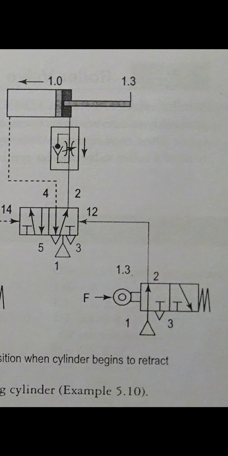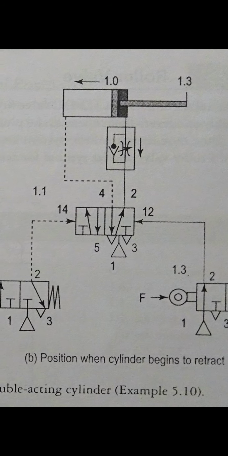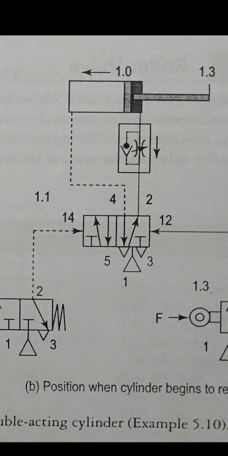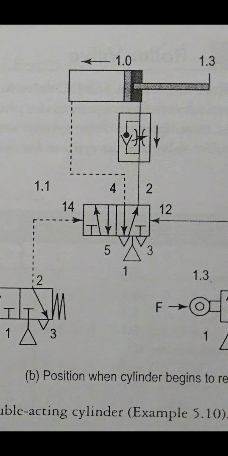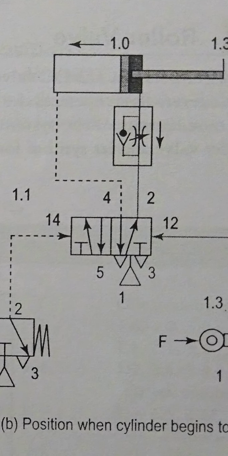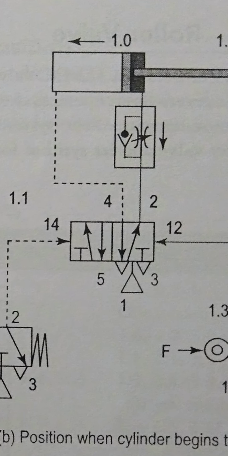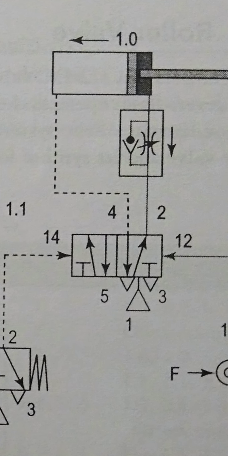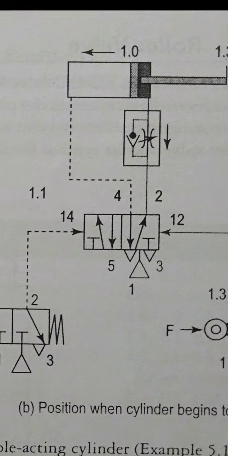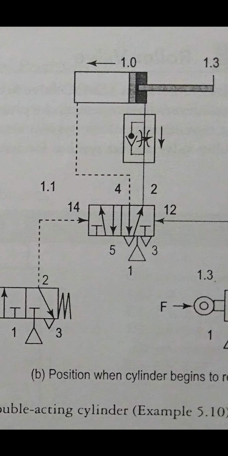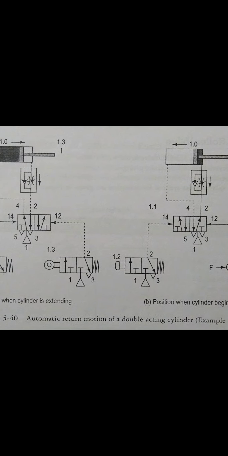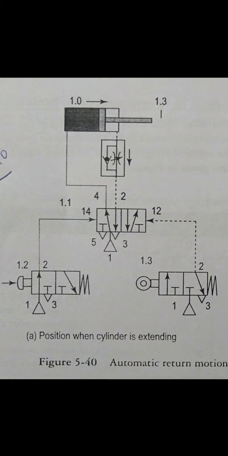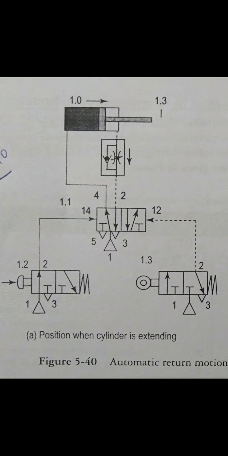So here 1 is connected to 2, 2 is connected to 12, and through 2 and through the throttle control valve with specific speed, the air enters the right end of the piston and gives thrust, so the piston will move towards the left. This is how it retracts. So these are the two positions. You can see it again, right?